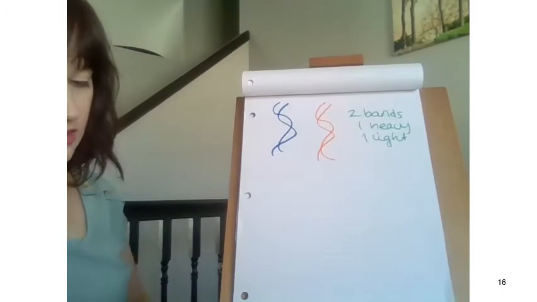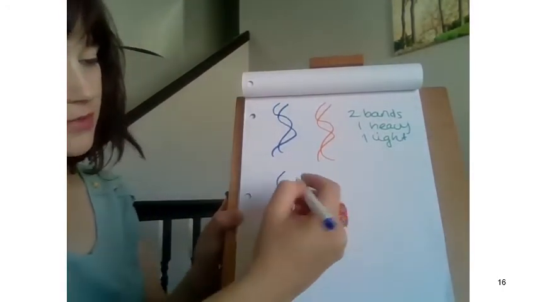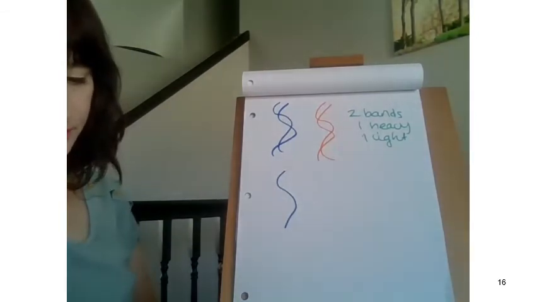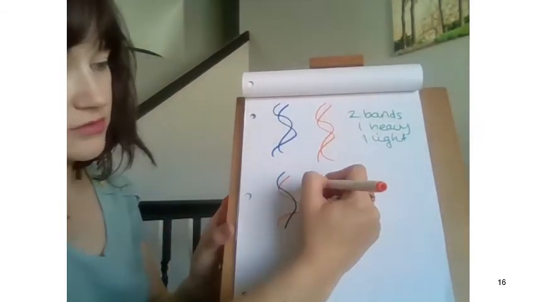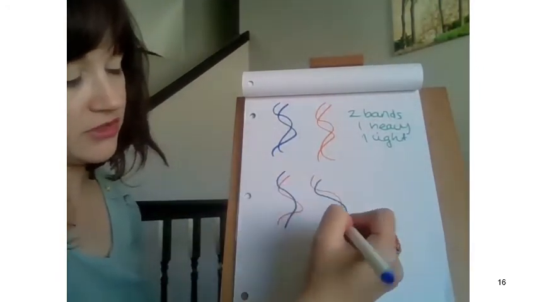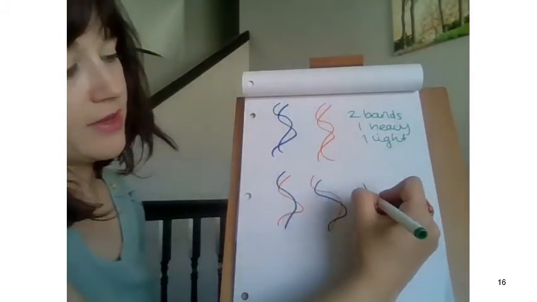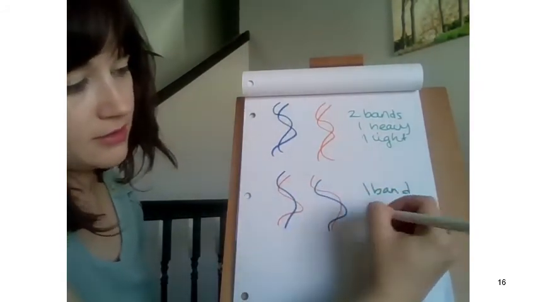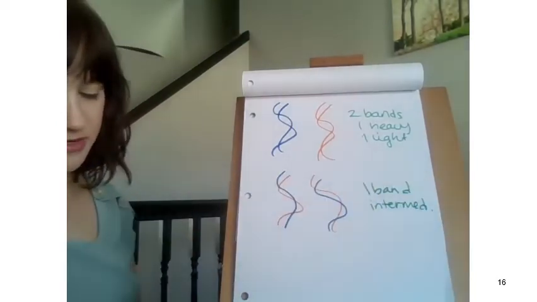Right? Now, if you had a situation such as our semi-conservative model, in which you had, in each duplex, one old and one new strand, you're going to see one band. It's kind of an intermediate weight, right? Kind of in the middle.